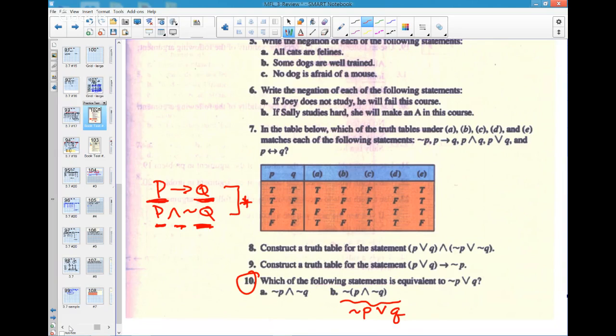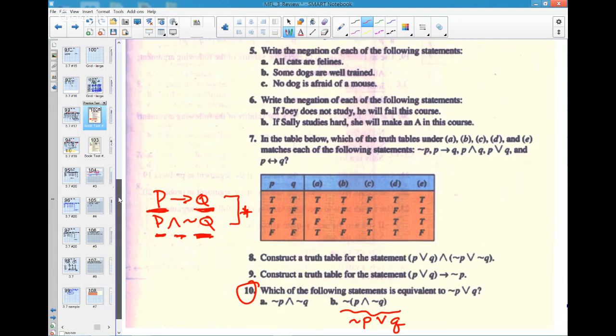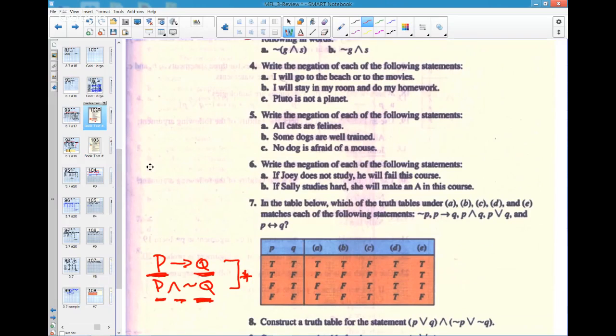And again, if you want, we can look at some of the examples from the practice test. Let's look at number 6, Garrett. It says write the negation of each of the following statements. If Joey does not study, he will fail the course. Okay, we have to come up with a symbol. What should we call if Joey does not study?